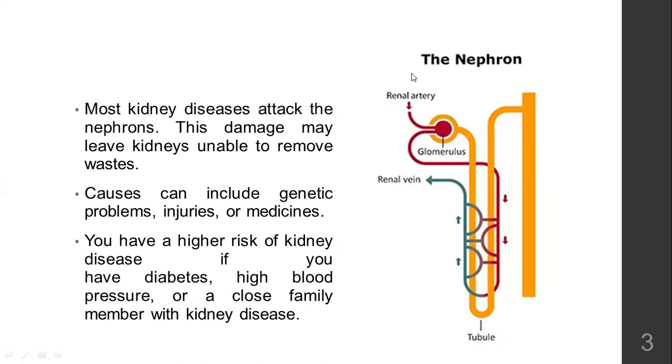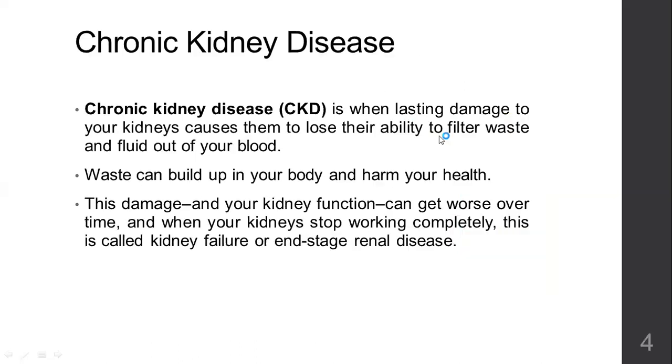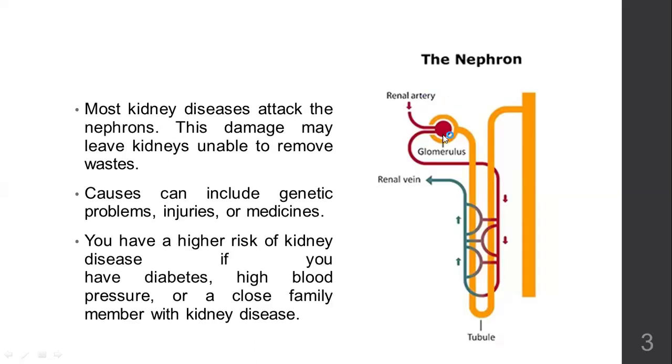You can see here the renal artery that is coming in. This is the Bowman's capsule. You don't have to remember the names of these parts. The artery brings the blood from the body into this capsule for filtration.